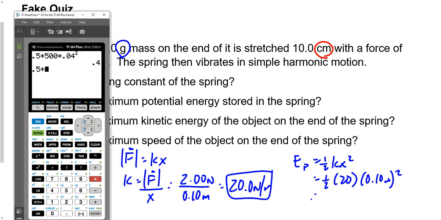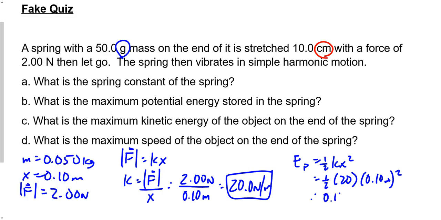Now, when I let this go, the displacement is going to become less. As the displacement becomes less, the potential energy becomes less, and the kinetic energy becomes more. When is it at its maximum kinetic energy? Its maximum speed, its maximum kinetic energy? When there is no displacement. So let's find its maximum kinetic energy. Well, easy, right? When it's full displacement, its potential is 0.100 joules.